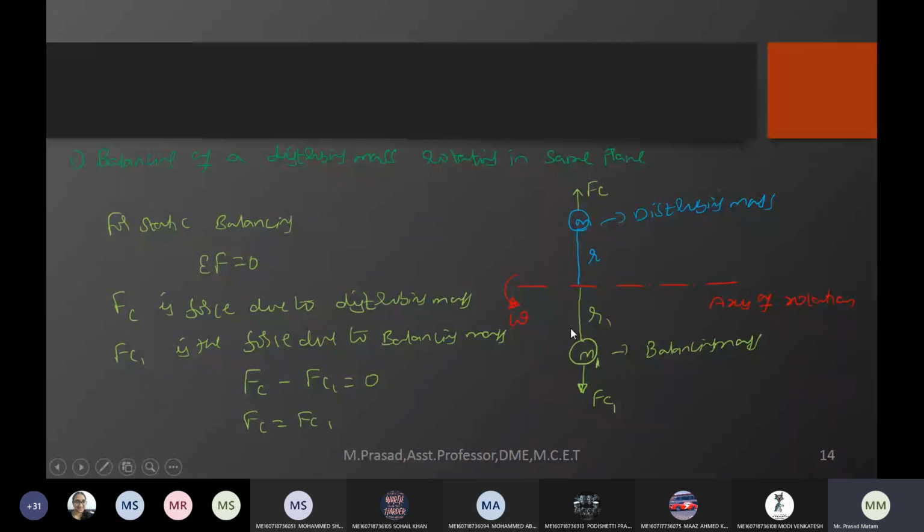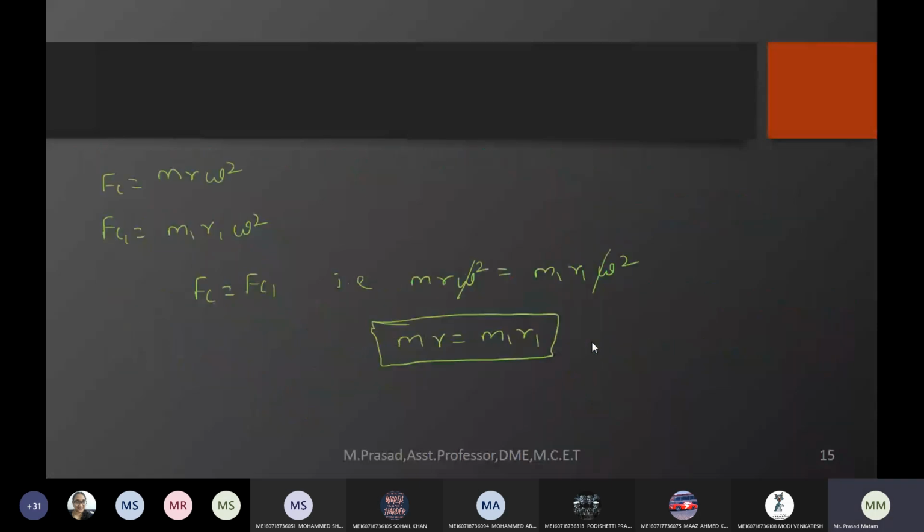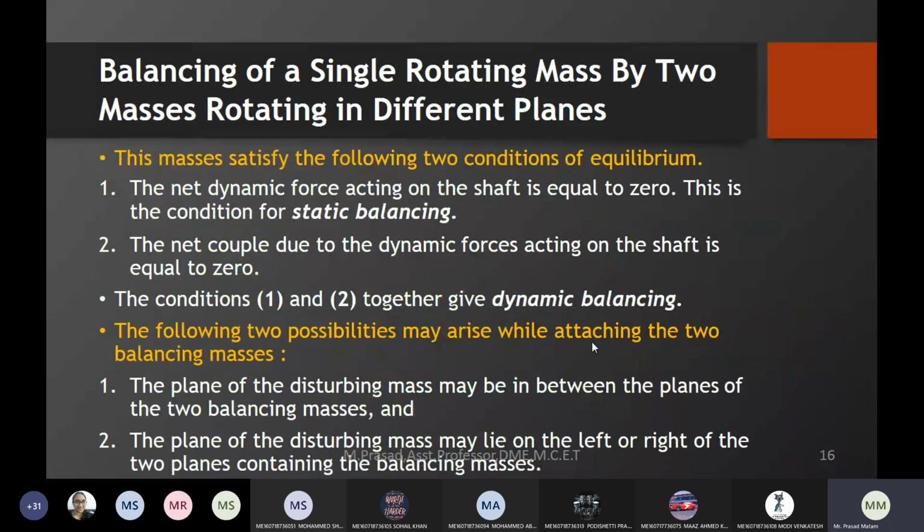Now in the second condition, I have only one disturbing mass, but this one disturbing mass is balanced with two different balancing masses rotating in two different planes. The masses satisfy the following two conditions of equilibrium.